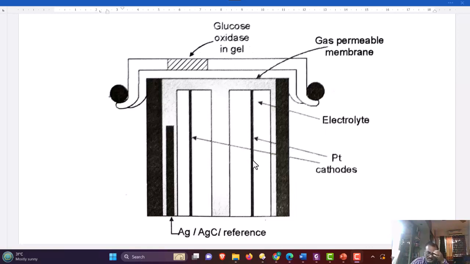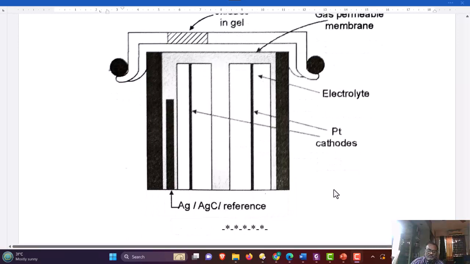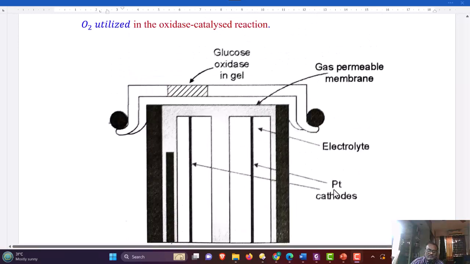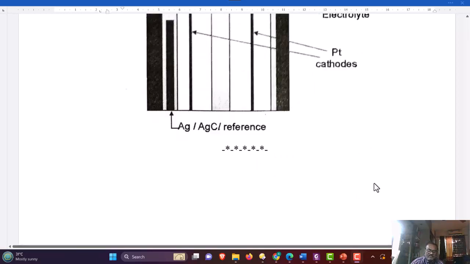The oxygen changes can be detected by these two-point electrode cathodes, and the difference in the oxygen detected is proportional to the glucose present in the blood of the diabetic patient. This is how the biosensor works.